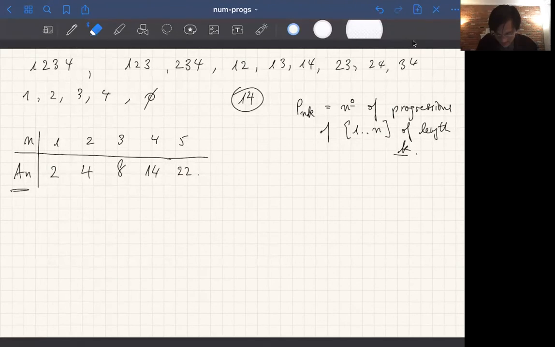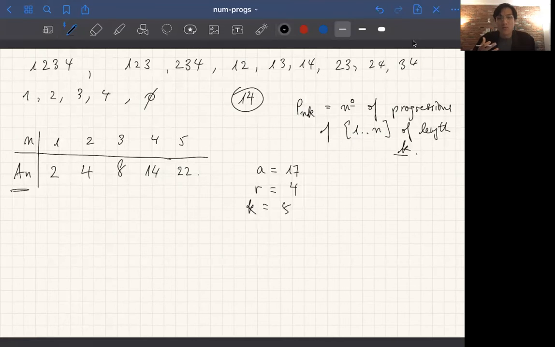If the starting point, which I call a, is 17, the step size is 4, and k is, we'll say, 5, then we have the entire progression. So this is length, step, and this is base.